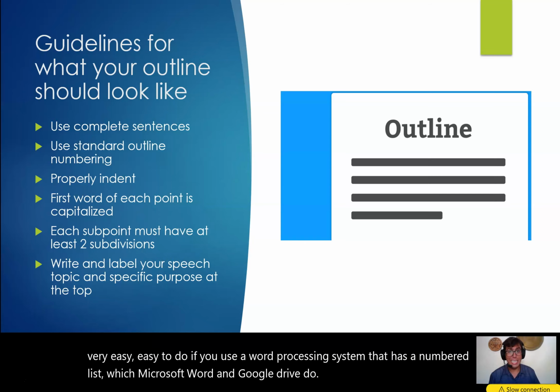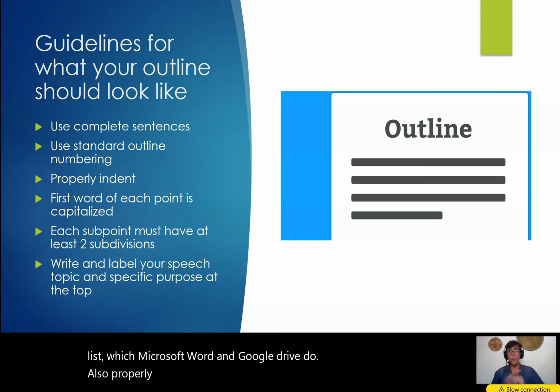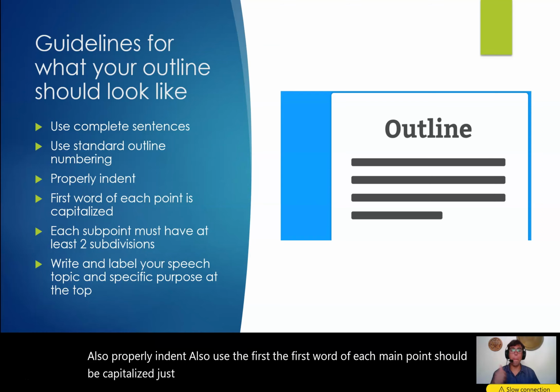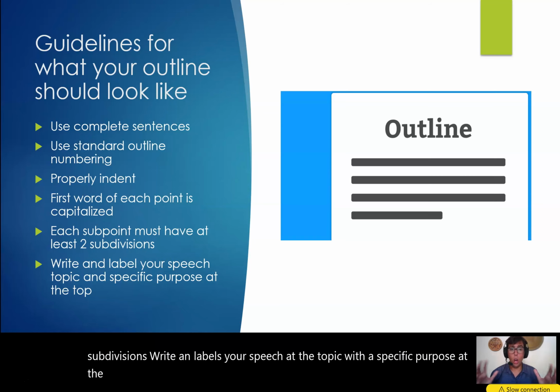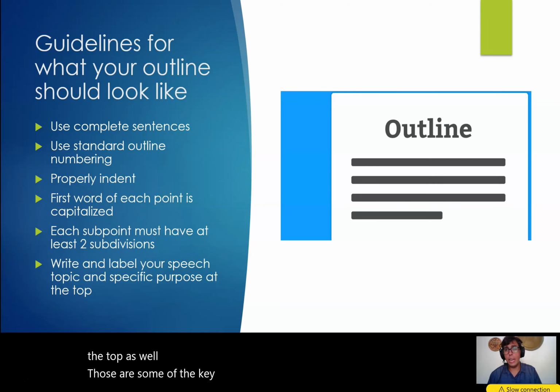Also, properly indent. Also, the first word of each main point should be capitalized, just like sentences, and each subpoint should have at least two subdivisions. Write and label your speech topic with a specific purpose at the top as well. Those are some of the key guidelines to your outline.